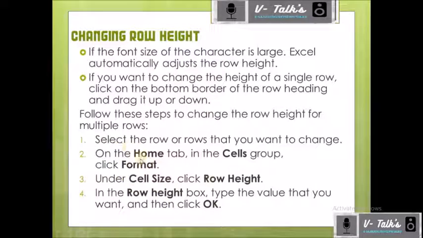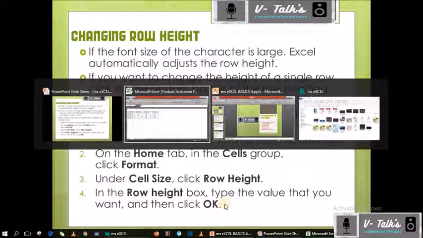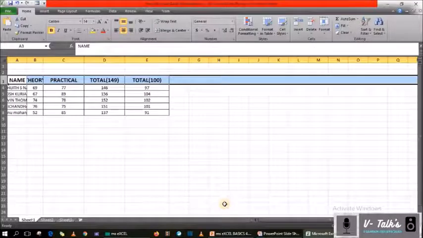So first of all, you have to select the rows or row you want to change. You can click on the home tab. I will show that. Then in the cells group, click format, cell size, row height. Then in the row height you can type a number.